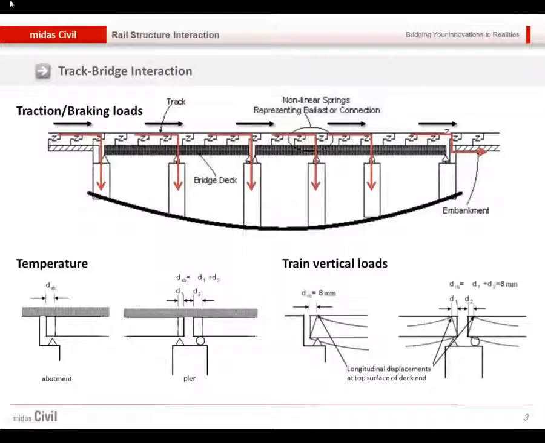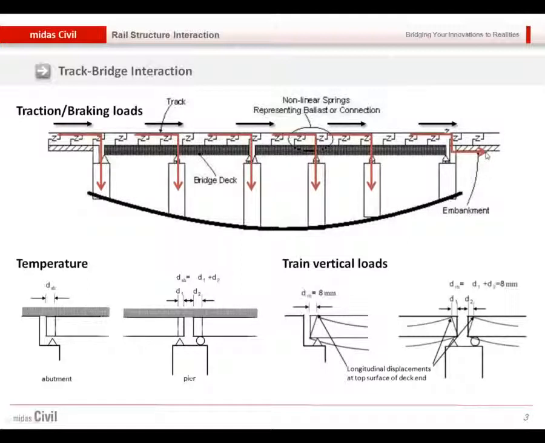This longitudinal force, some of it can go to the connected piers or abutment, and some of the traction and braking load will be transferred to the embankment part, which means this longitudinal load will move along with the rail and then be conveyed to the embankment.